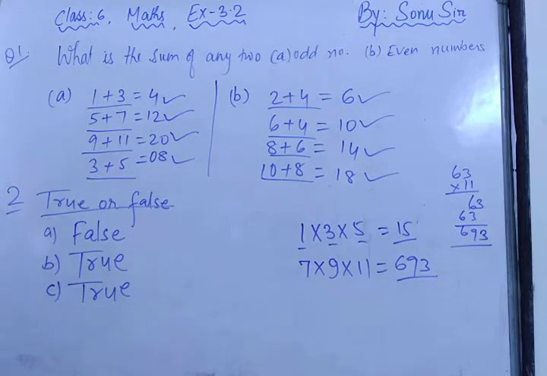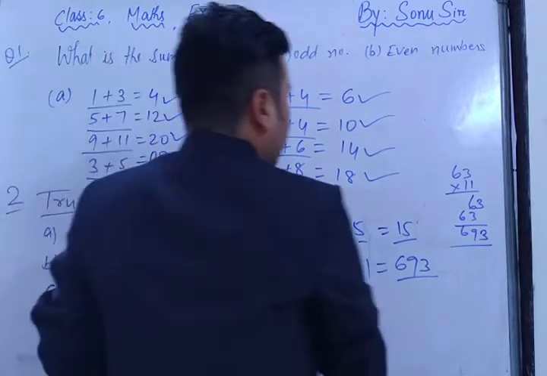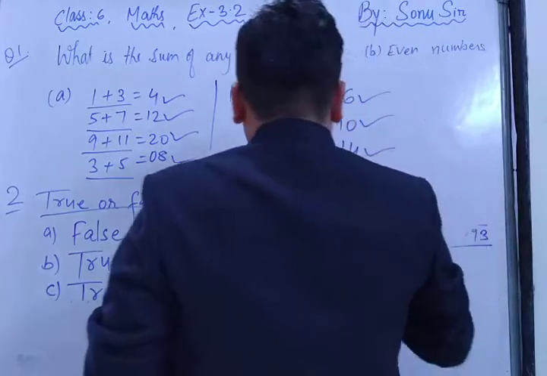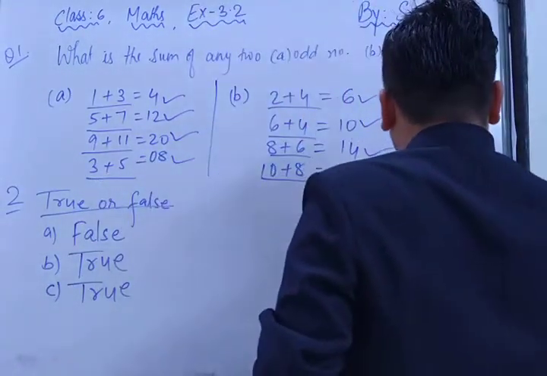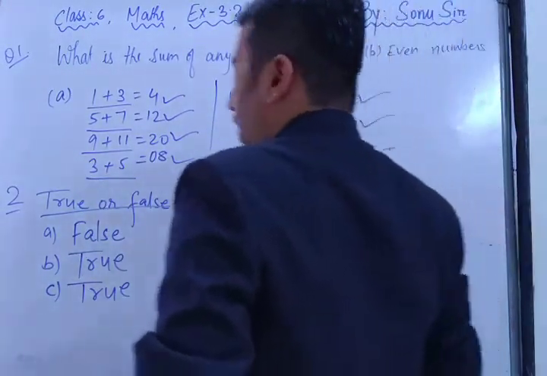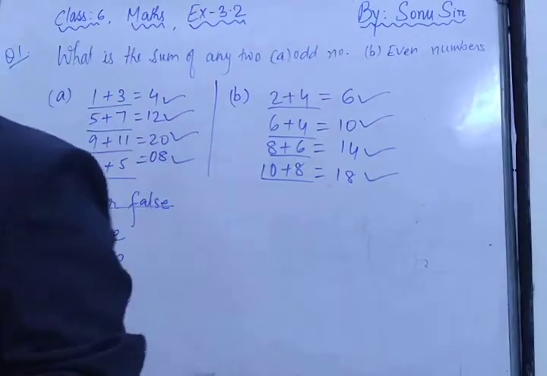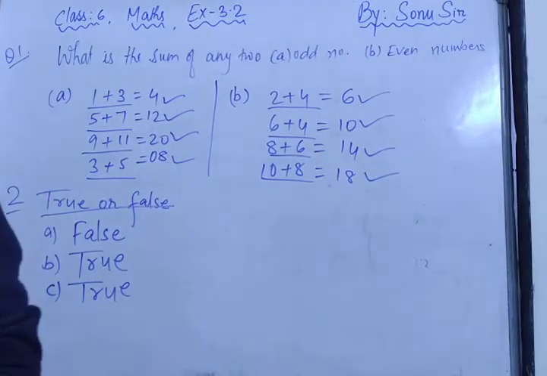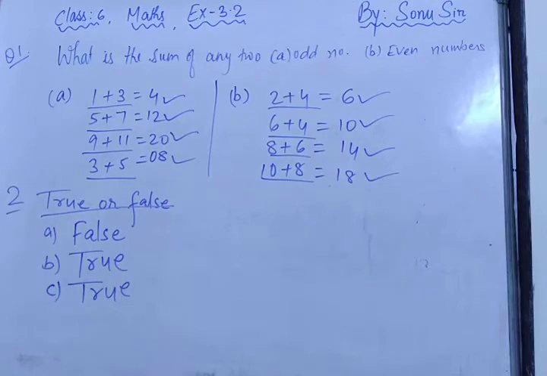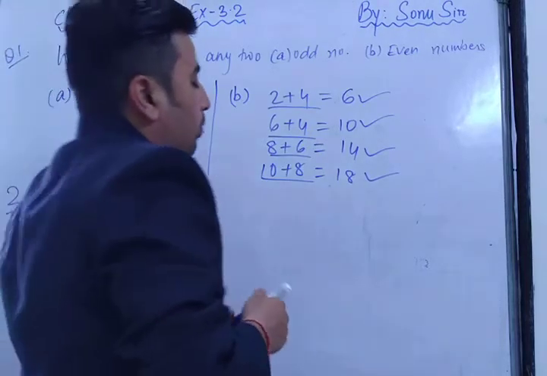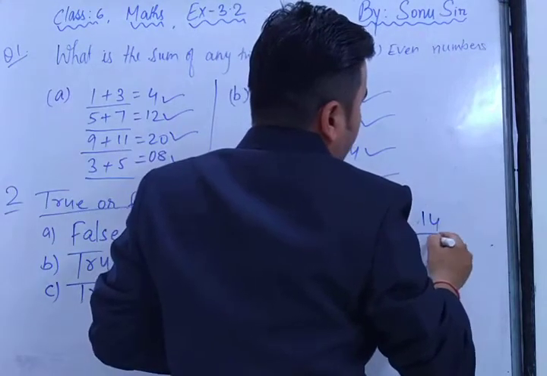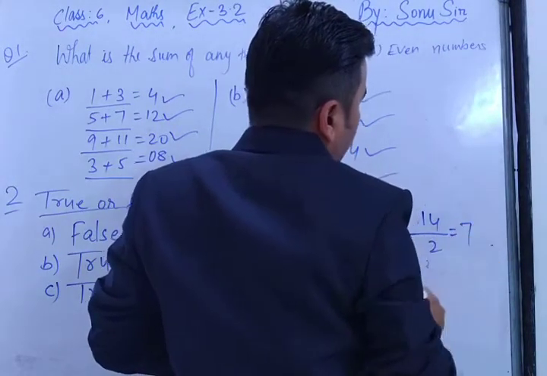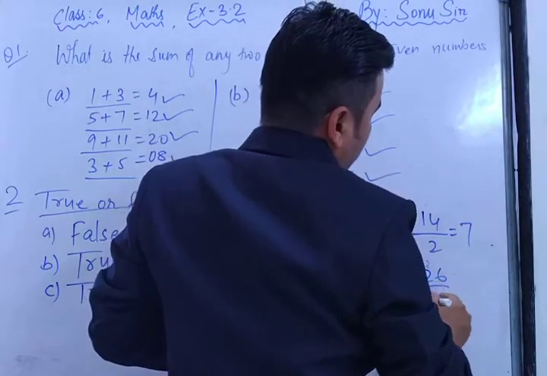So as we are doing true or false, we can see the 3 questions we have solved. First one is false, second one is true, third one is true. Now we are moving towards the D one. If an even number is divided by 2, the quotient is always odd. See, any even number, just suppose 14. 14 divided by 2 is 7. 26 divided by 2 is 13.